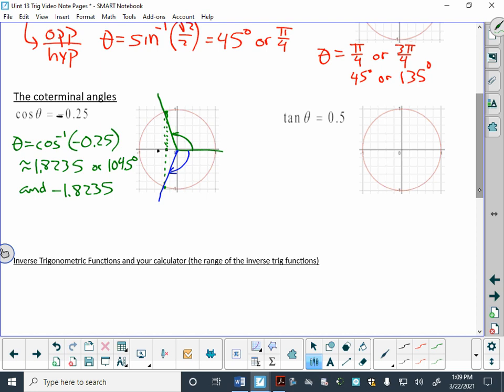If I wanted that to be positive, then I would have to add a full circle on there. A full circle in radians is 2 pi, so if I take the opposite of that answer plus 2 pi, it would give me 4.4597.